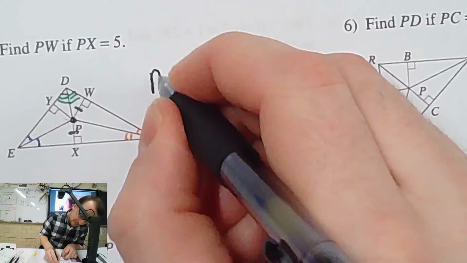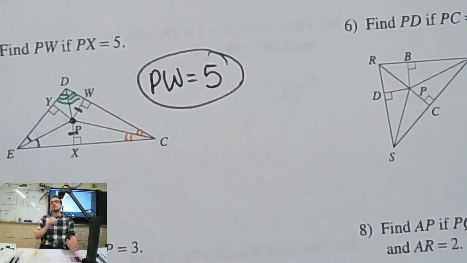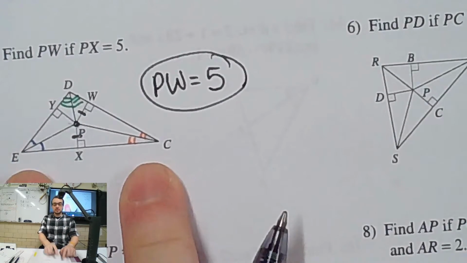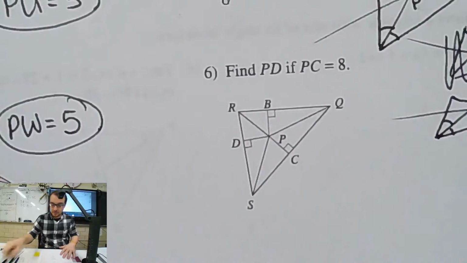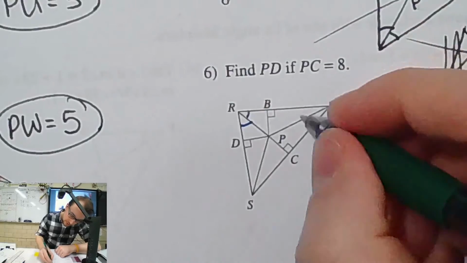So if PX is 5, PW is 5. Again, finding the answer is easy because you're seeing a pattern, but I don't want you to think all triangles are like that. It's only when we have angle bisectors. So 6. 7? We'll get there.